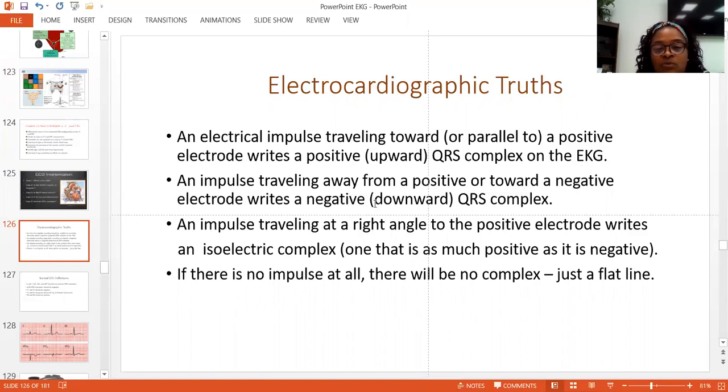An impulse traveling away from a positive or toward a negative electrode writes a negative or downward QRS complex. An impulse traveling at a right angle to the positive electrode writes an isoelectric complex, or one that is as much positive as it is negative. And if there's no impulse, you get a flat line on the EKG, okay?